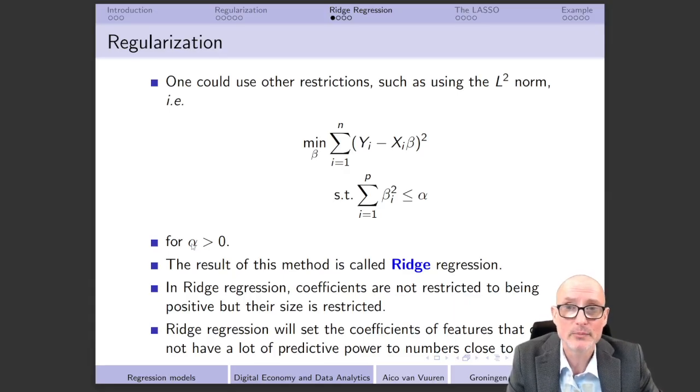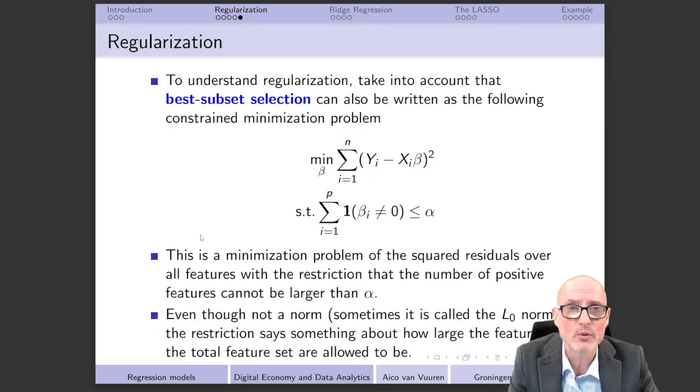It's even more than that, because in the original situation you could only choose alpha to be equal to 1, 2, 3, etc., up till the number of features that we have.